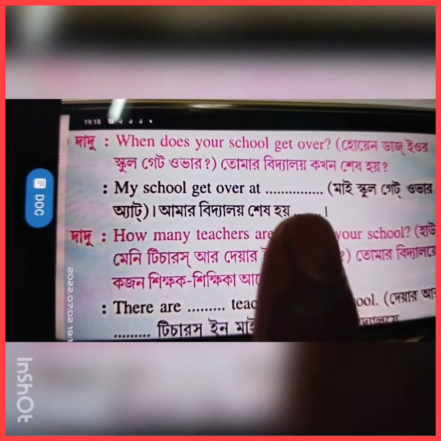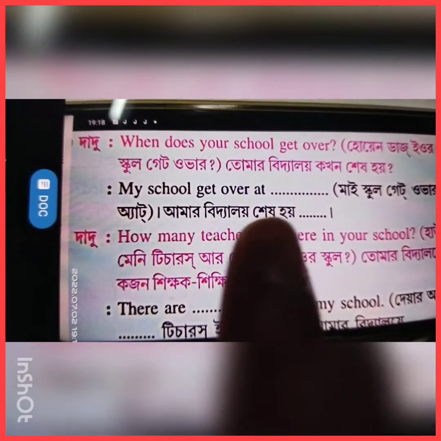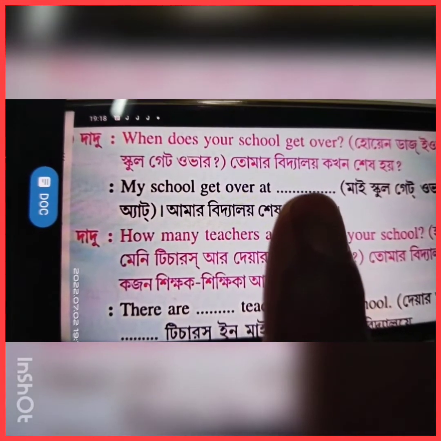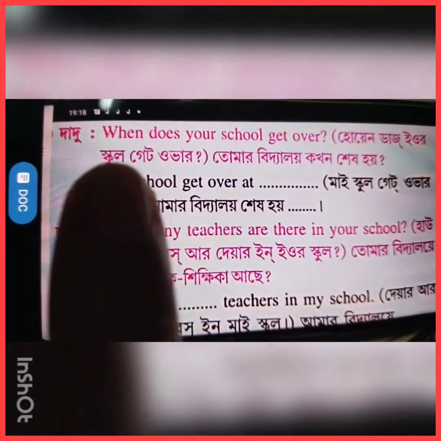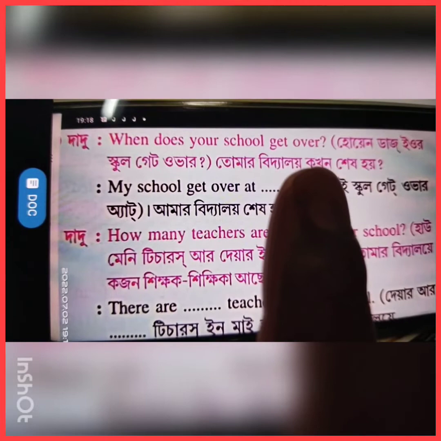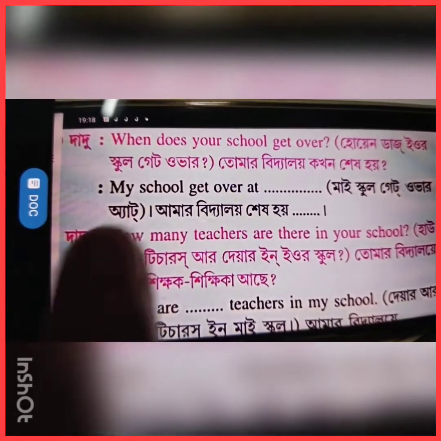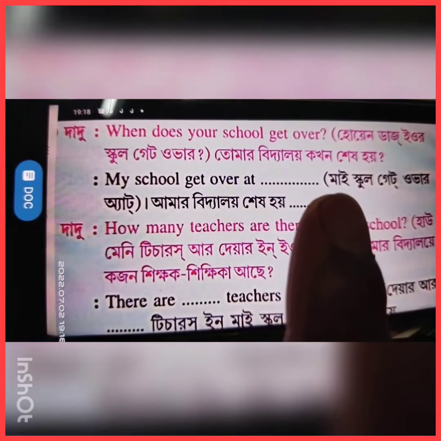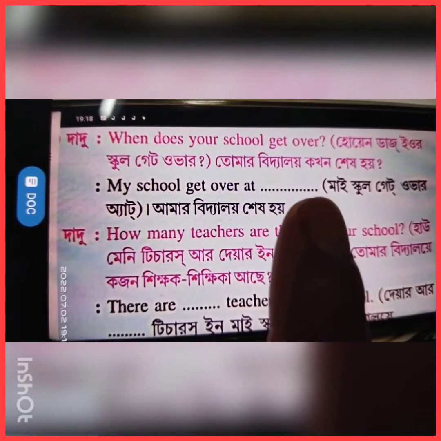When your school gets over at 3 o'clock, so you can say 3 o'clock. Okay. So the question is, when does your school get over? So you can say my school gets over at 3 o'clock. Okay, or 2 o'clock.